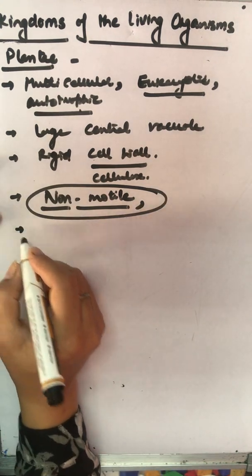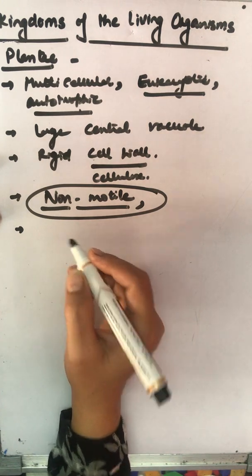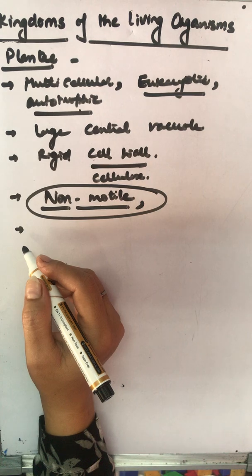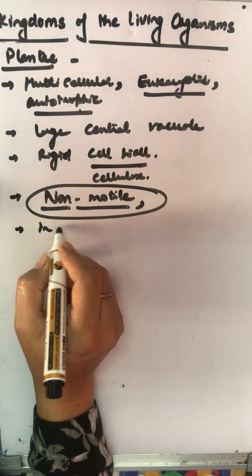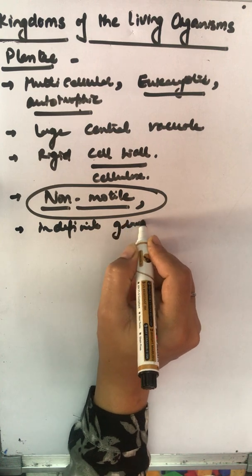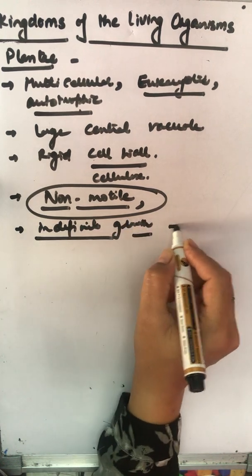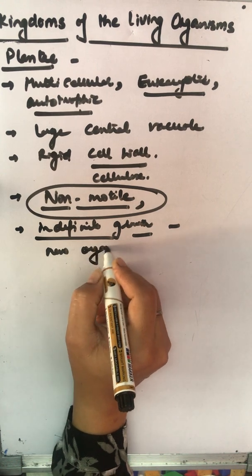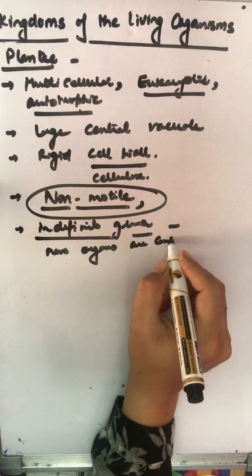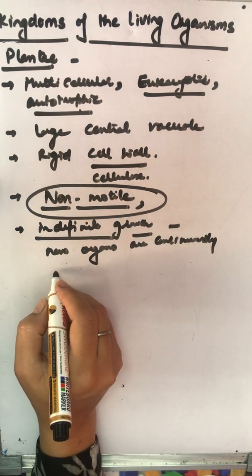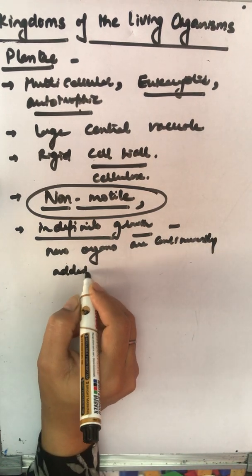And yes, if they show movement, that movement is all in response to hormonal action. Then growth is indefinite, and new organs are continuously added throughout life.